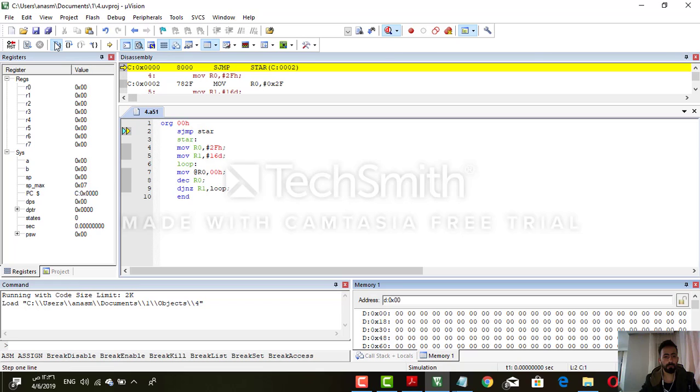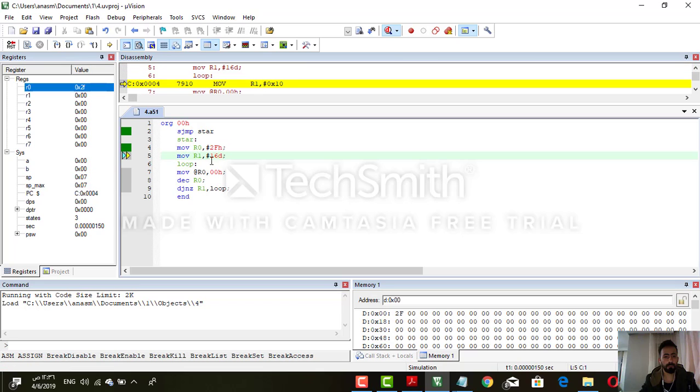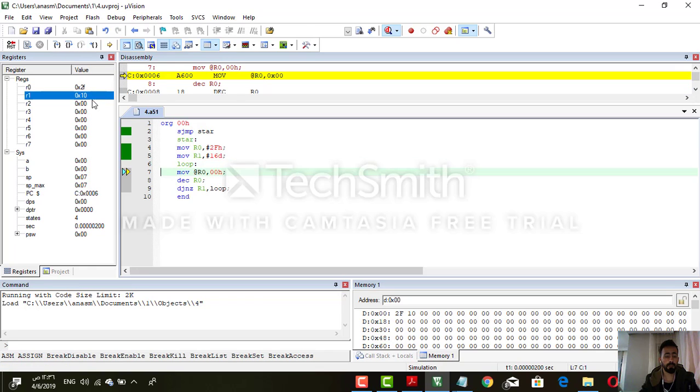When we started, the highest value 2f is moved to register 0, and the count is 10 hex or 16 decimal. So the highest one is here.